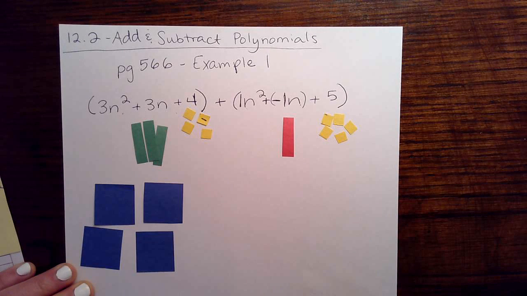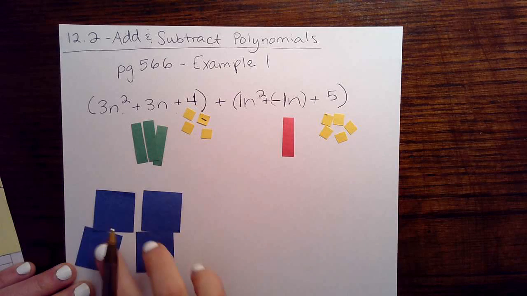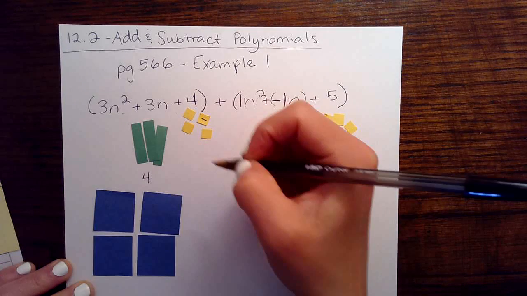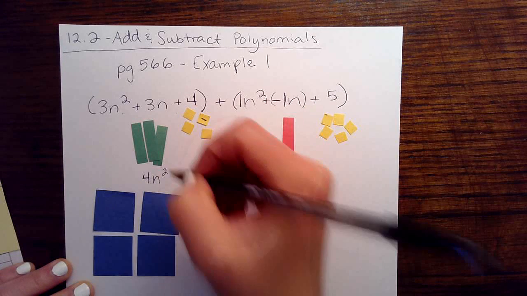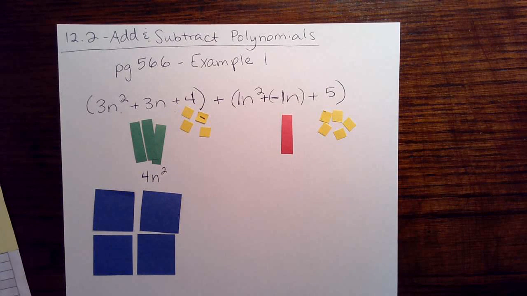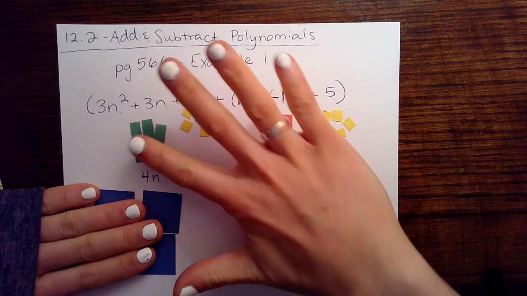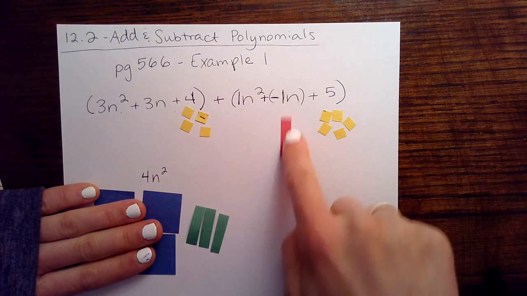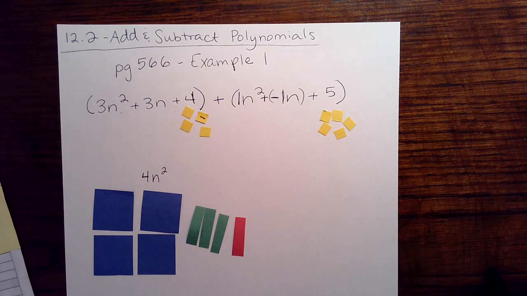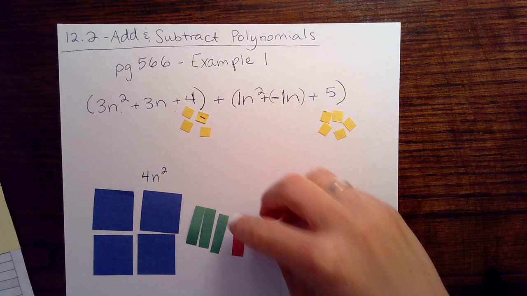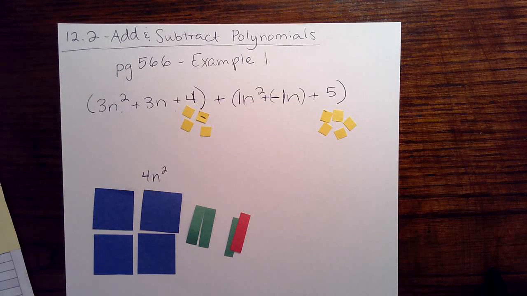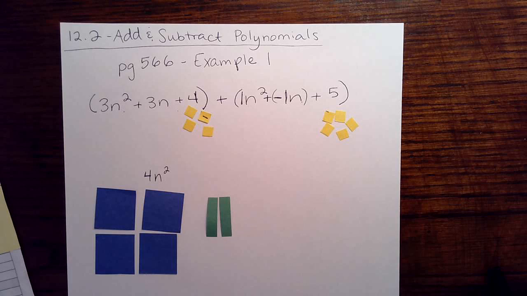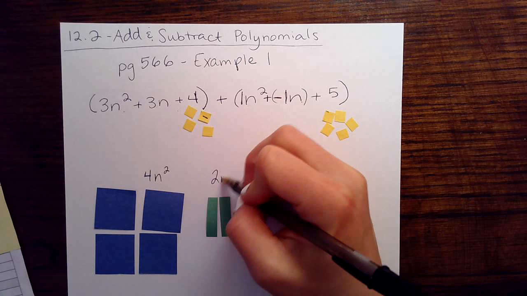When I write the simplified version after I add these together, that's going to be 4 total n squareds. Now I look at my n's. I have, sticking together here, 1, 2, 3 positive and 1 negative. Now, if you remember, 1 positive and 1 negative together makes 0. That's n plus negative n is 0. And so we're left with these 2 positive n's, plus 2n.